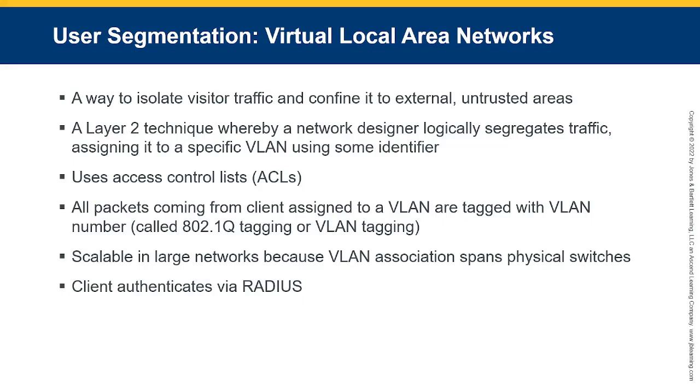It uses ACLs, or access control lists. All packets coming from a client are assigned to a VLAN, tagged with a VLAN number, called 802.1Q tagging or VLAN tagging. It is scalable in large networks because VLAN association spans physical switches. The client authenticates via RADIUS.